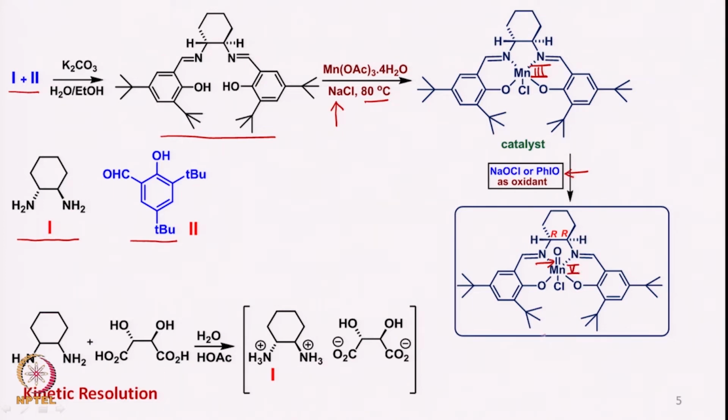Now, this is the one that is utilized for the epoxidation of olefins which are unfunctionalized. Now, how do we get this particular molecule here?